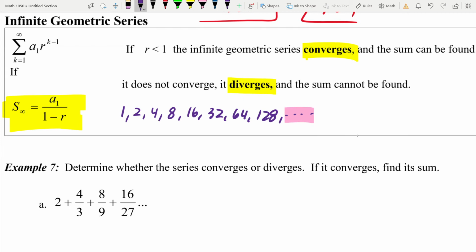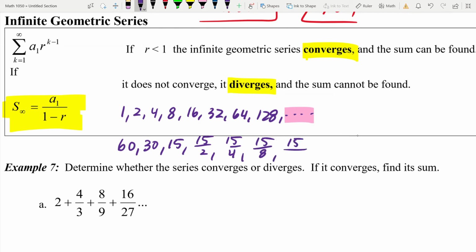Everybody write down 60. And then 30. And then 15. And then 15 over 2. And then 15 over 4. And then 15 over 8.